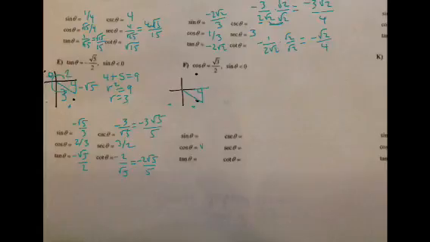So this is radical 3 over 2, so that means that sine is negative 1/2. And so cosecant is negative 2, and secant is 2 over radical 3, which is 2 radical 3 over 3. And tangent, sine over cosine, so it's negative 1 over radical 3, which is negative radical 3 over 3. And the cotangent would be negative radical 3.